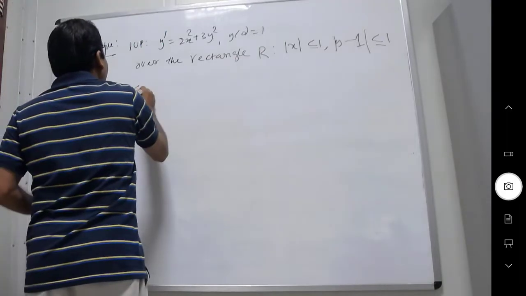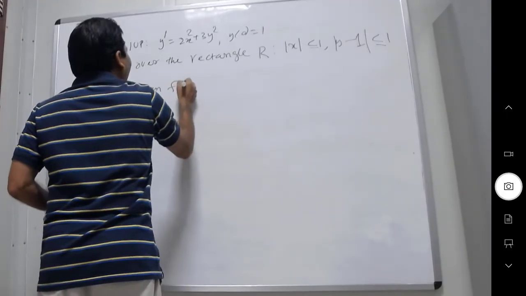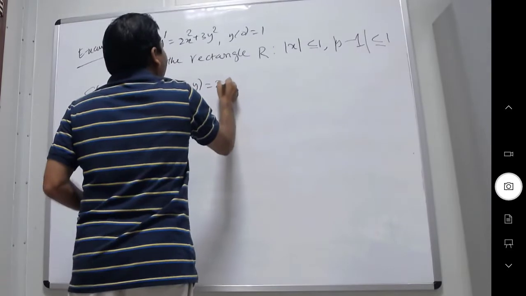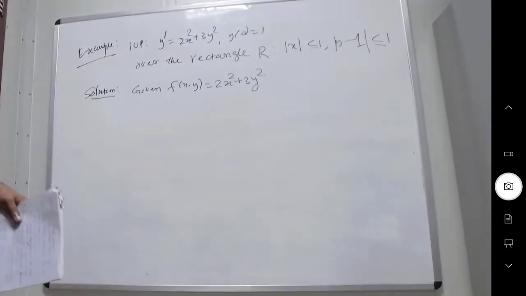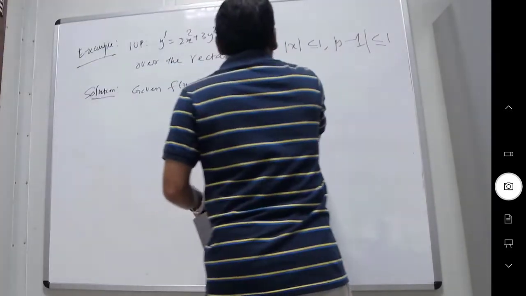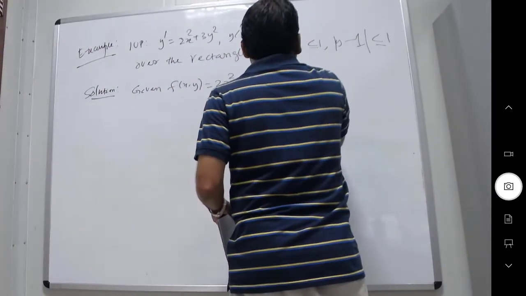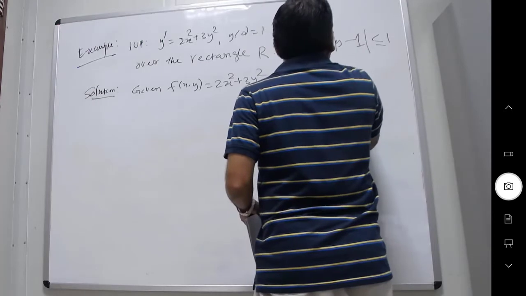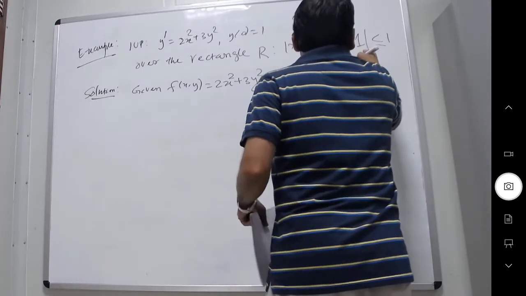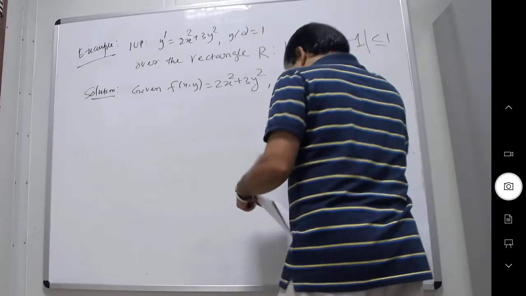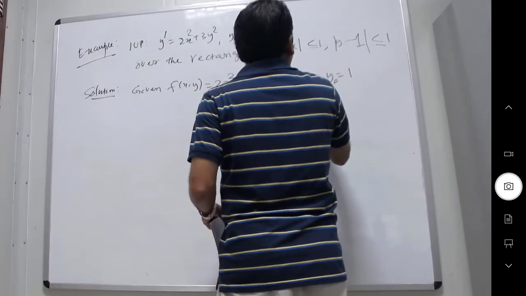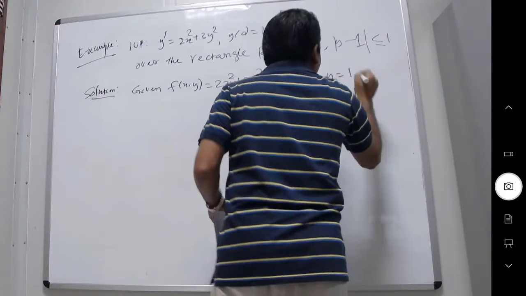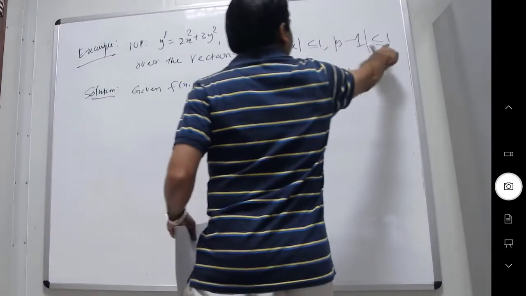So what is given? You have f of x comma y is equal to 2x square plus 3y square. So here x naught is 0, y naught equal to 1, and in fact a equal to 1 and b equal to also 1. So this is a, this is b.